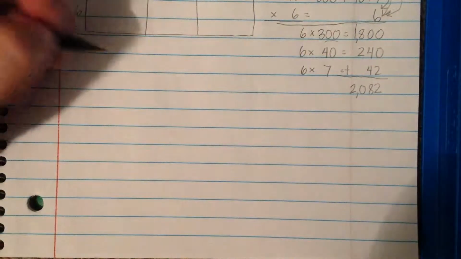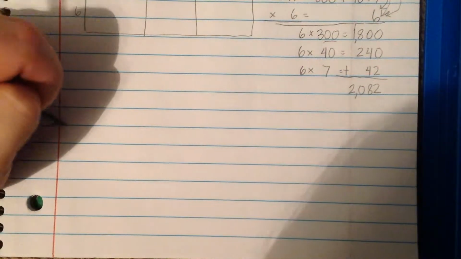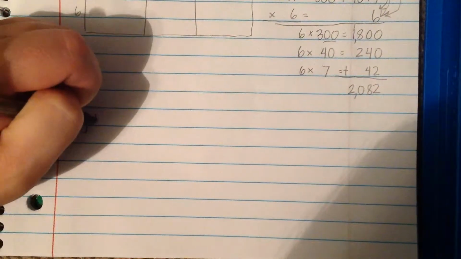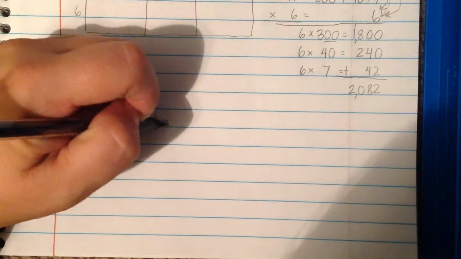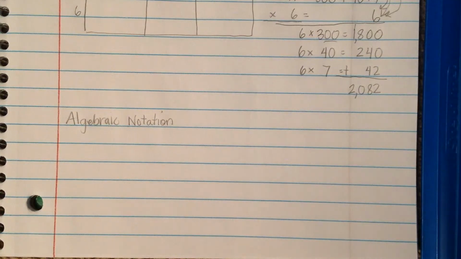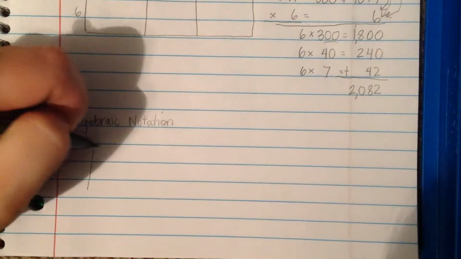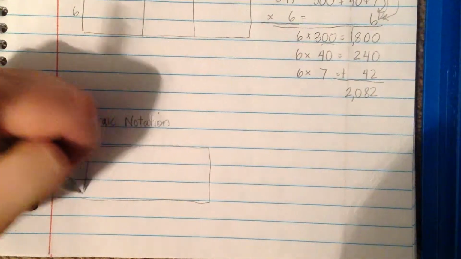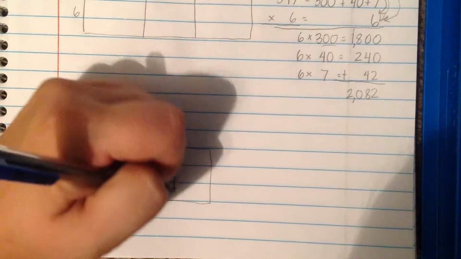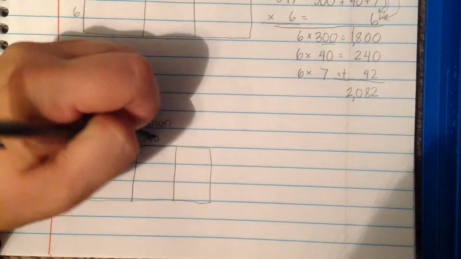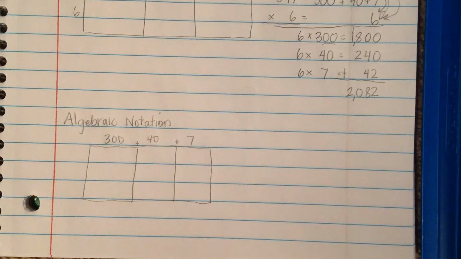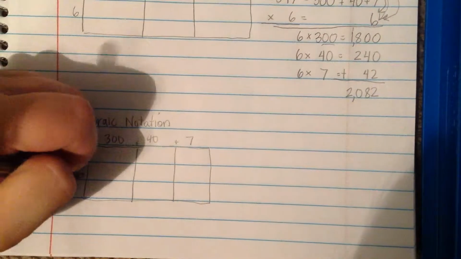The last area model is algebraic notation. With the algebraic notation method, I again am going to draw my area model. It doesn't have to be very big because I'm not going to write inside of it. Decompose my number, 300 plus 40 plus 7. My vertical number is 6.